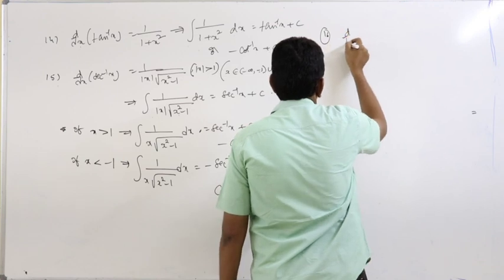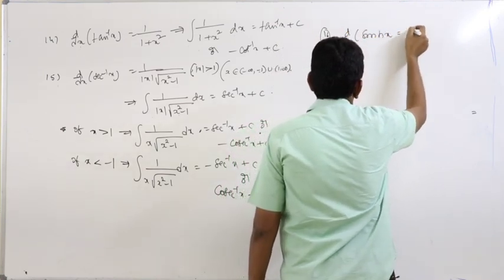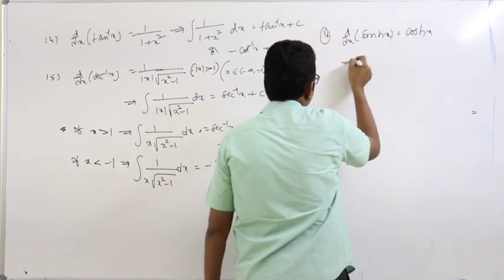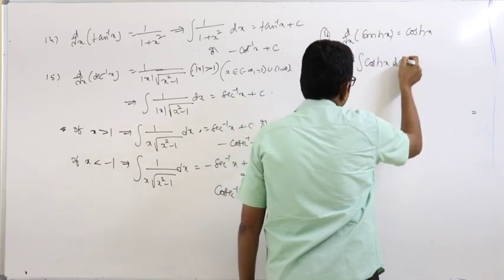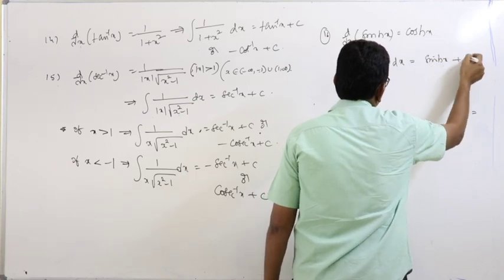Next one, derivative of sin hx is equal to cos hx, which implies integral cos hx dx is equal to sin hx plus c.